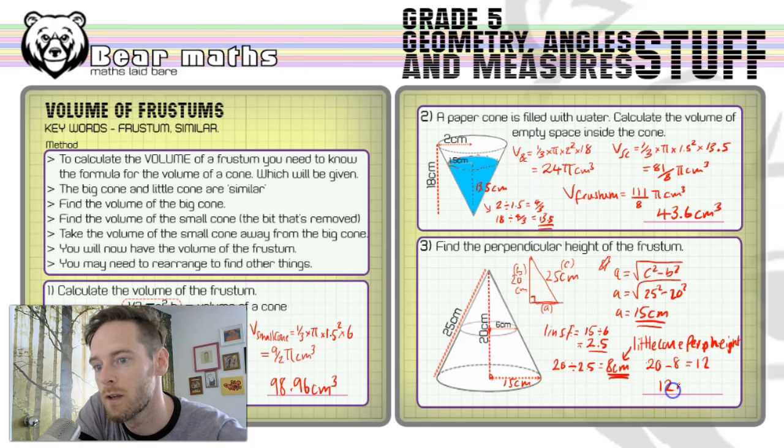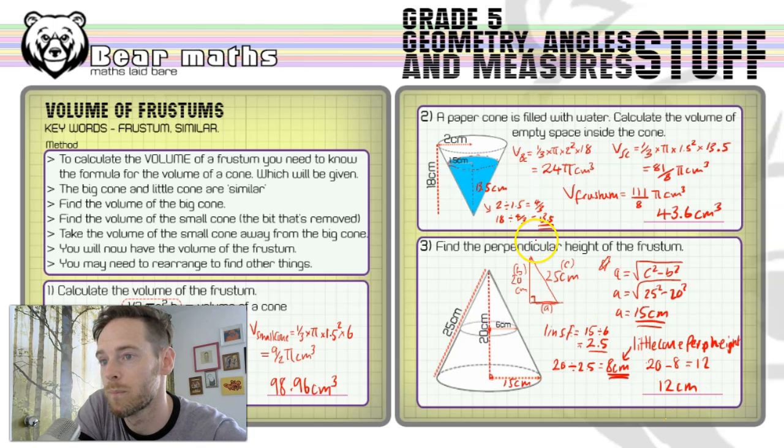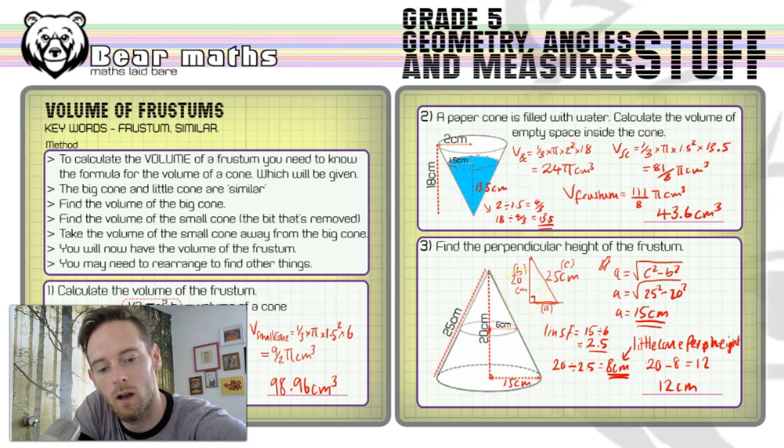So 12 centimeters is our final answer for that particular problem. And it's recognizing that you have to use Pythagoras there. Very, very tricky problem. Probably would be pretty harsh to get on a foundation paper, but although is technically still all just foundation maths.